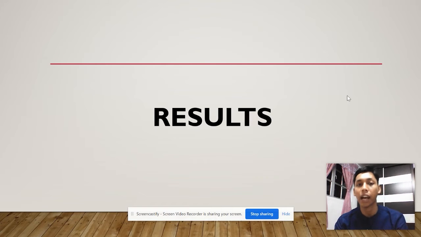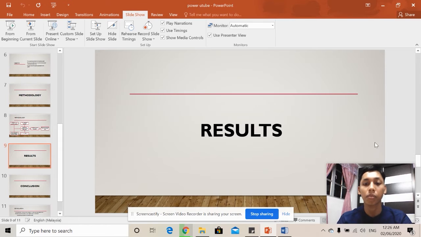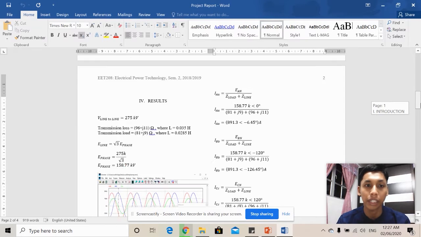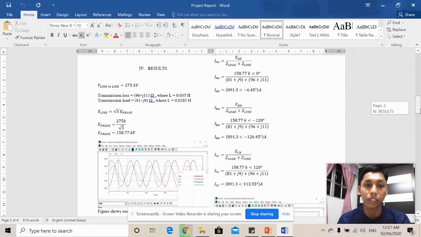Okay, next I will continue with the result. So the result you can see here, the V line given is 275 kilovolt, and this transmission line I got from my matric number that I was given.